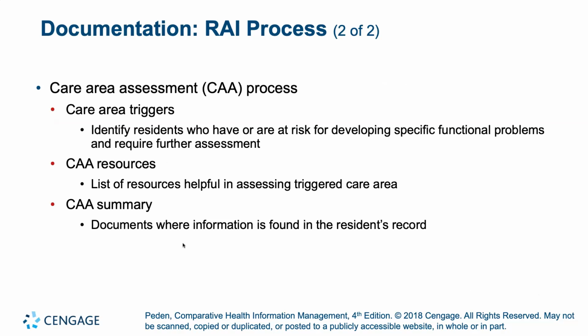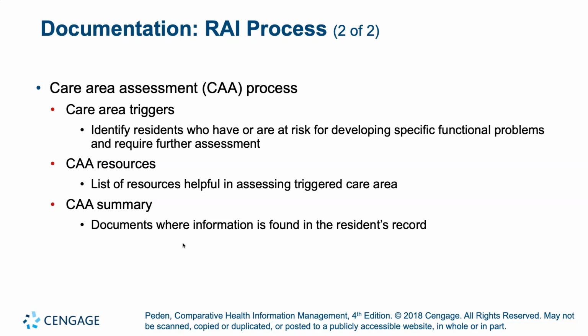So the care area assessment process, this is looking at care area triggers and CAA resources and a summary. So the triggers, first of all, they identify who is already at risk for developing a specific functional problem.